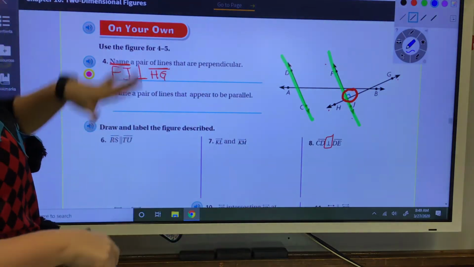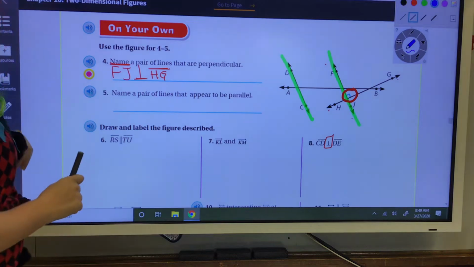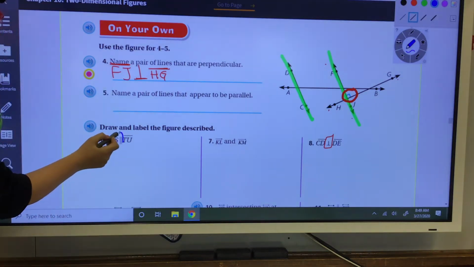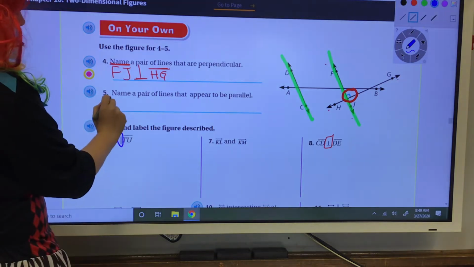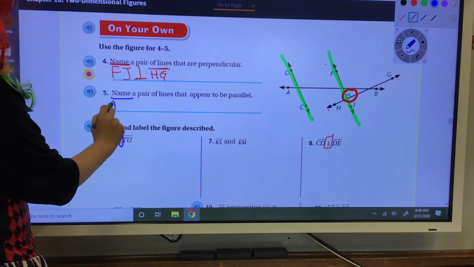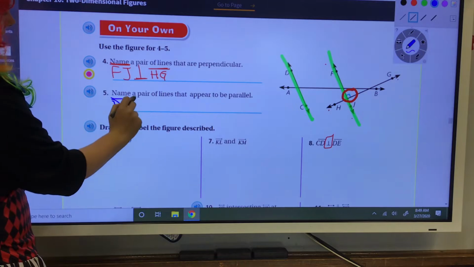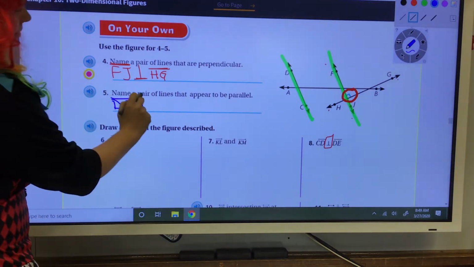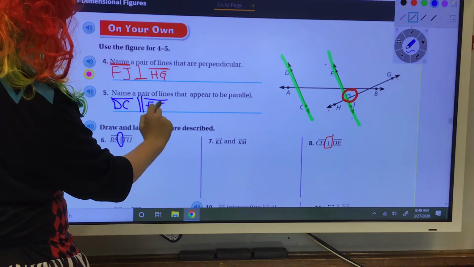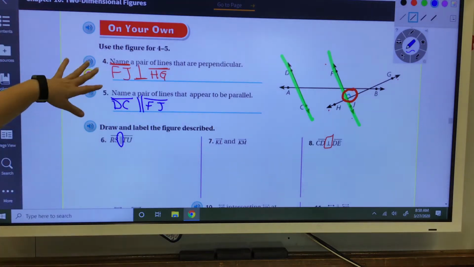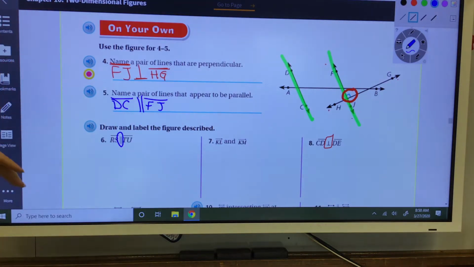No matter how far they go in life, they will never intersect. We use this symbol for parallel. So we're going to write that line DC is parallel to line FJ. Okay, so all these symbols, they actually mean something.